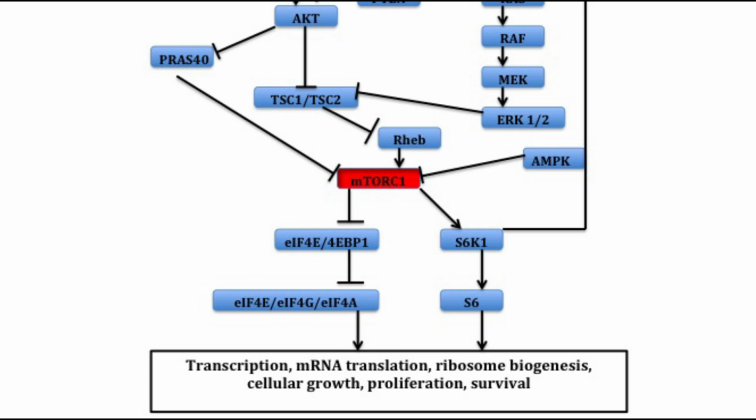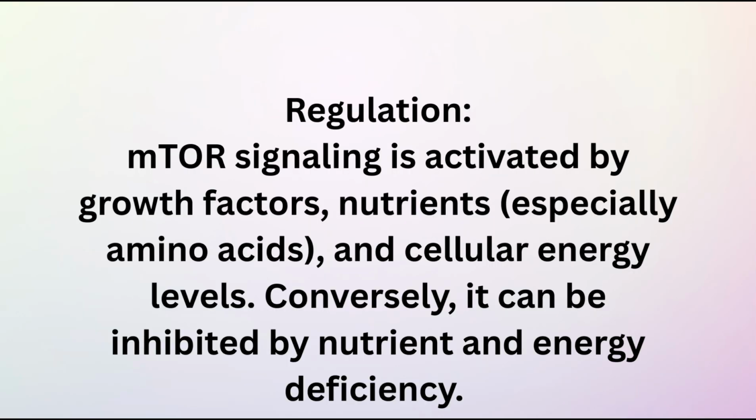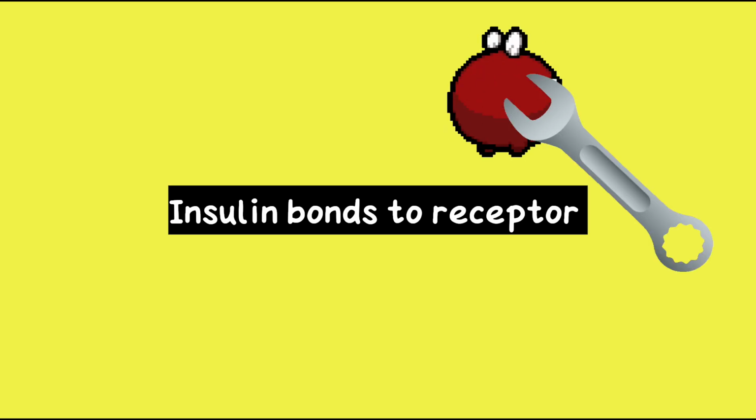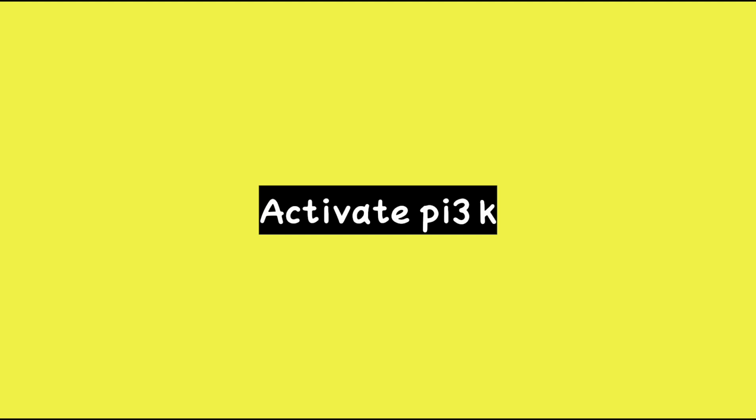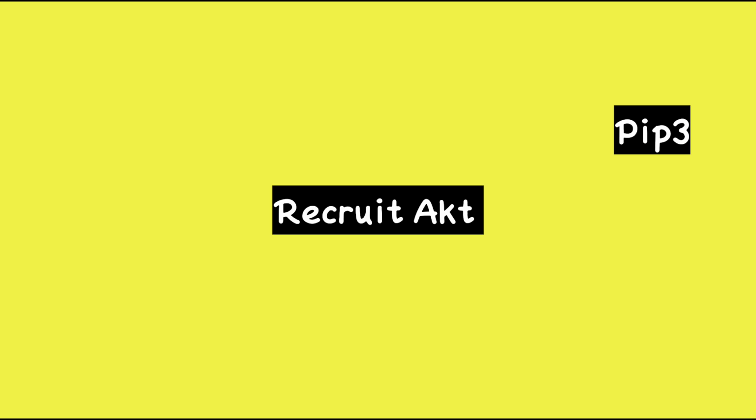So now we will learn about the mTORC1 activation pathway. First is the growth factor, for example insulin, which binds to its receptor, the insulin receptor or IGF-1R. This activates PI3K, the phosphoinositide 3 kinase. PI3K converts PIP2 into PIP3, which is a membrane lipid that recruits AKT, that is PKB, to the plasma membrane.